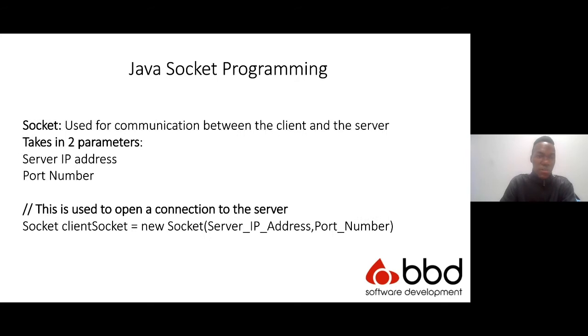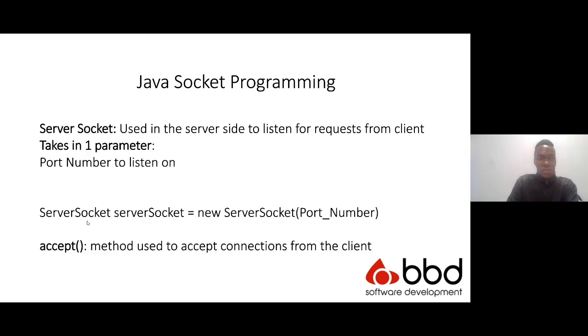Just to reiterate, on the client side we have the socket, which is used to communicate between the client and the server, and it takes in the server IP address as well as the port number. On the server side, the server socket takes in the port number on which it listens for requests from the client, and then it uses the accept method to accept connections from the client.